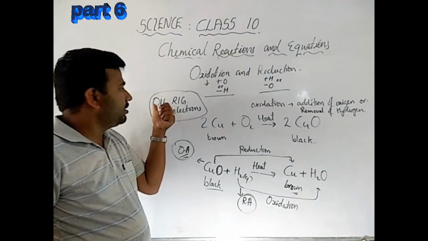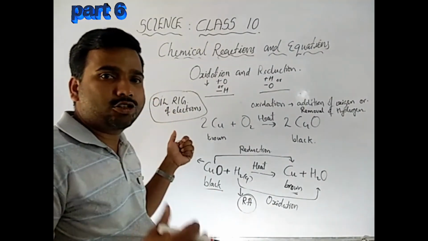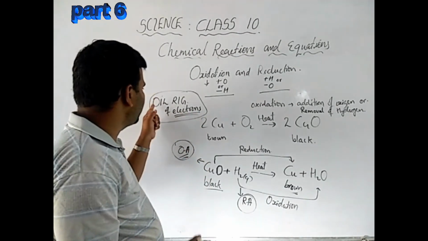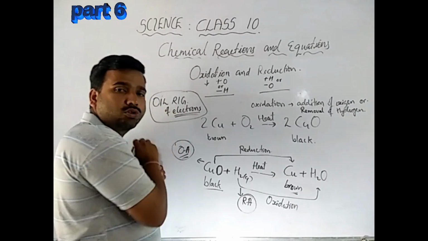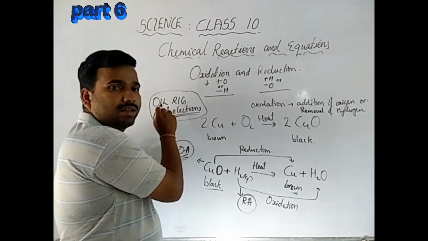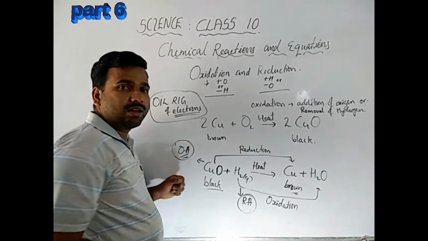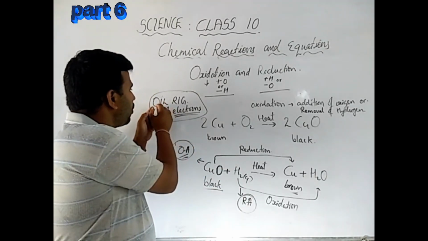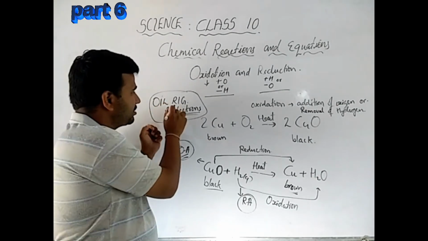Again, you can see this in terms of the electronic concept. Oxidation means loss of electrons, and reduction means gain of electrons. Remember OIL RIG: oxidation is loss, reduction is gain.